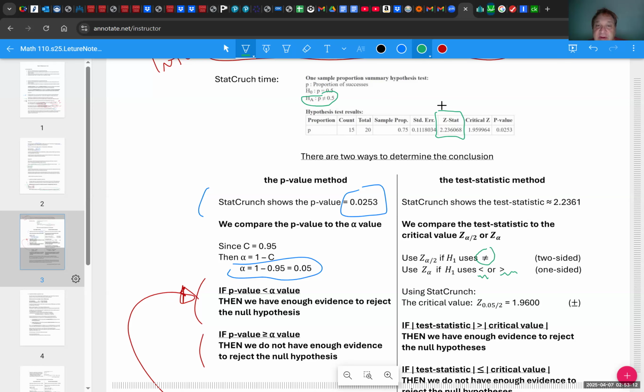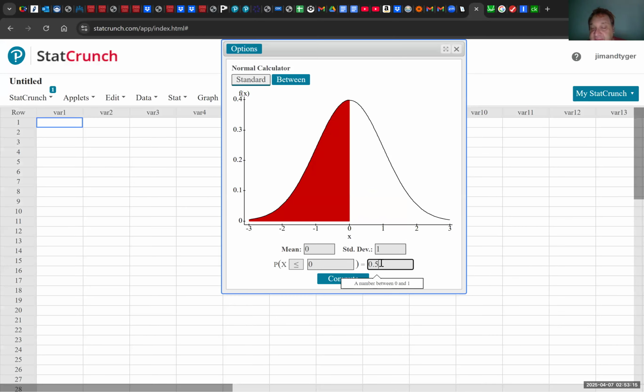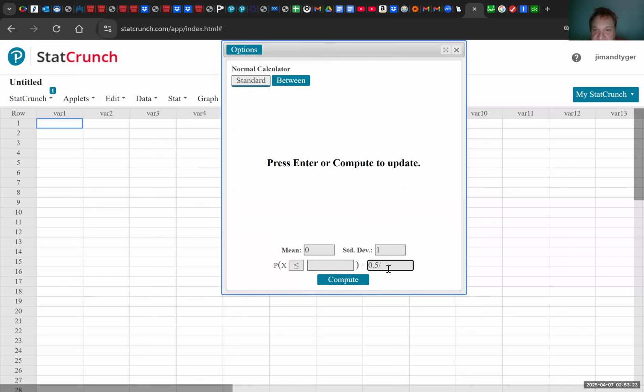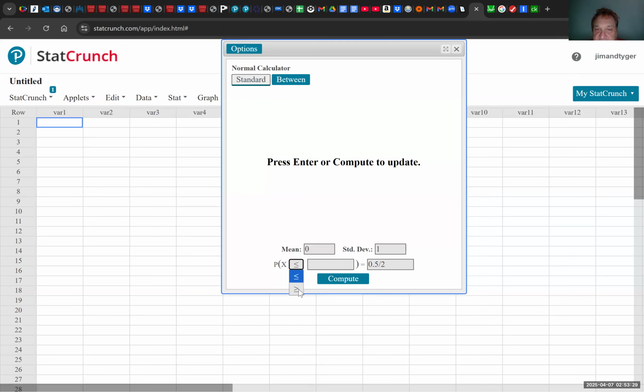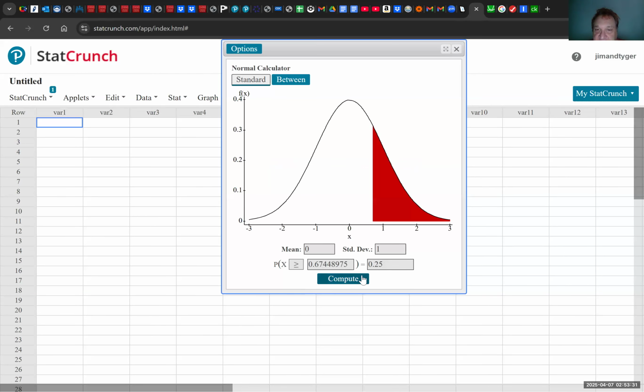So I'll go to StatCrunch. I'm going to do 0.05 divided by 2. I haven't done this before, so I'm going to try it now. Let's see if it lets me do 0.05 divided by 2 right on the screen. And then I need to do greater than.